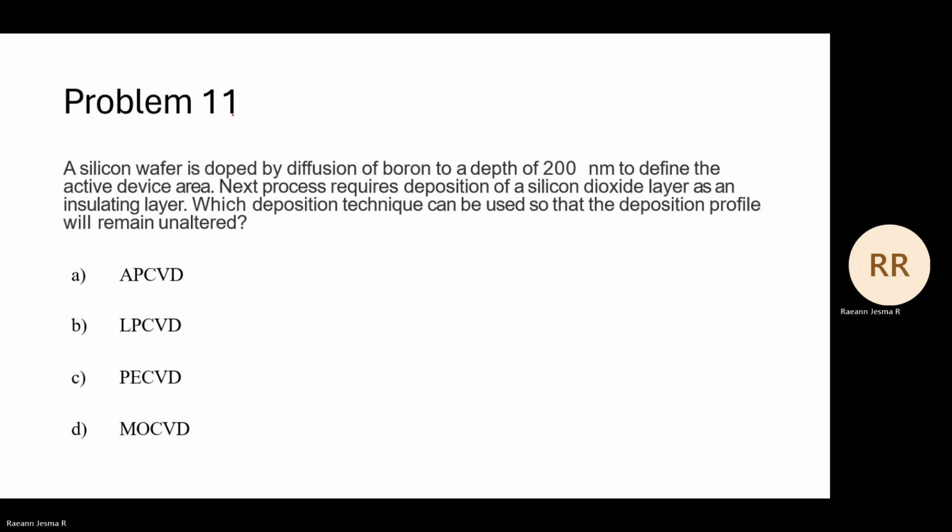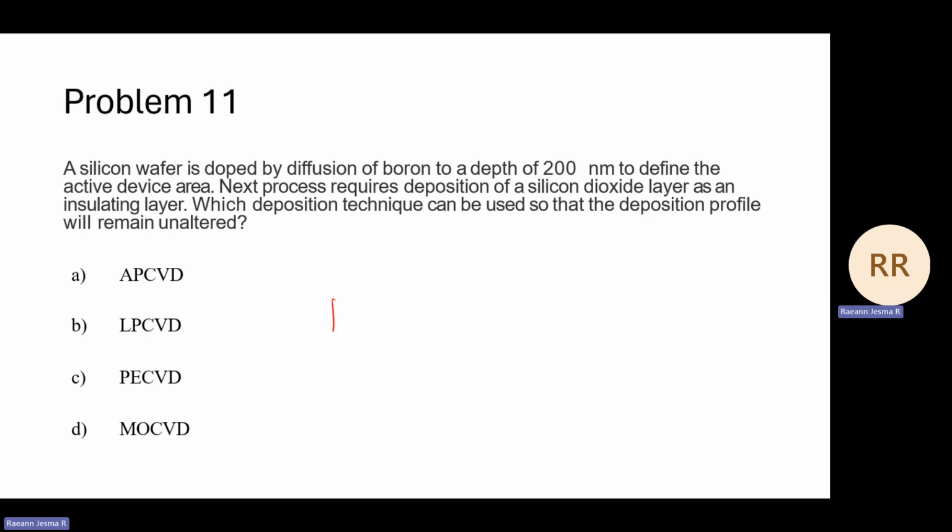Problem 11. A silicon wafer is doped by diffusion of boron to a depth of 200 nanometer to define the active device area. The next process requires deposition of a silicon dioxide layer as an insulating layer. Which deposition technique can be used so that the deposition profile will remain unaltered?